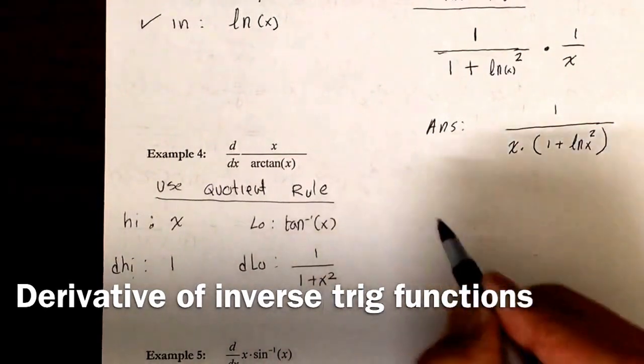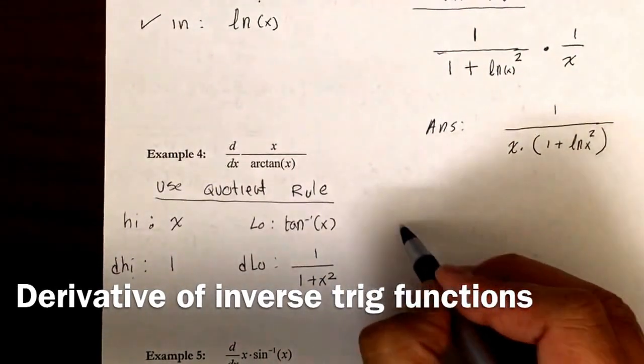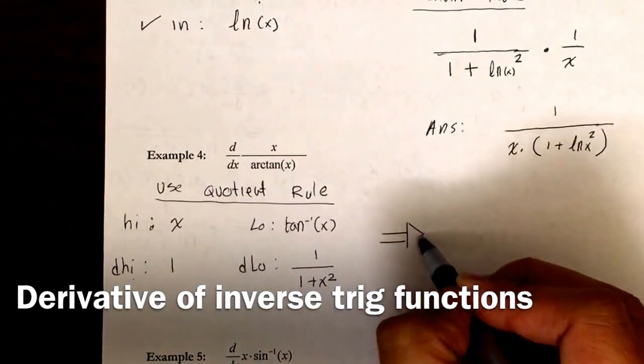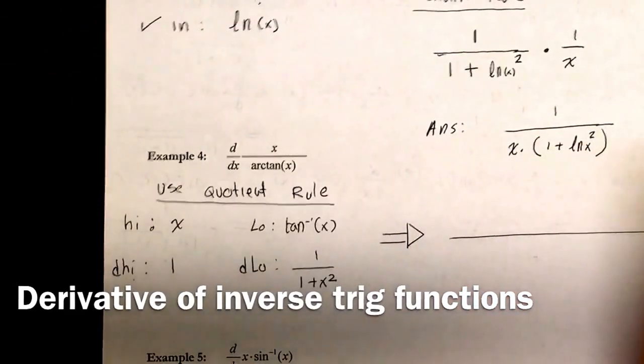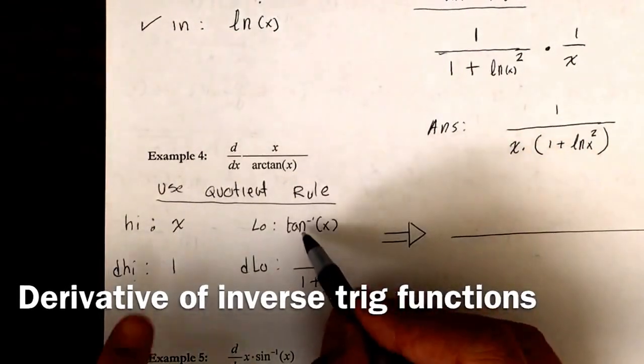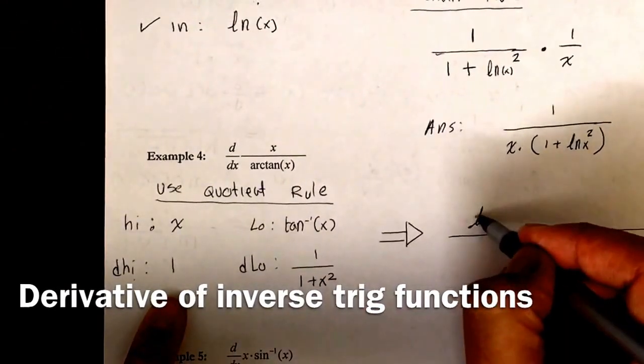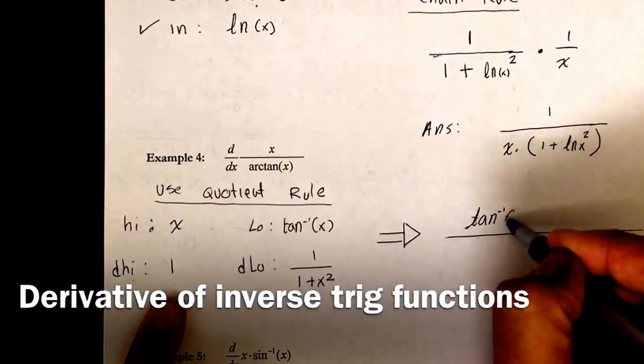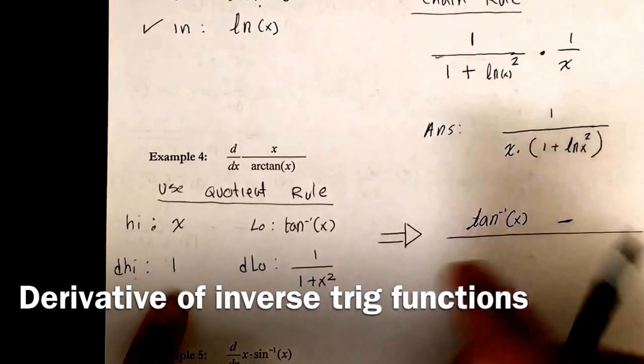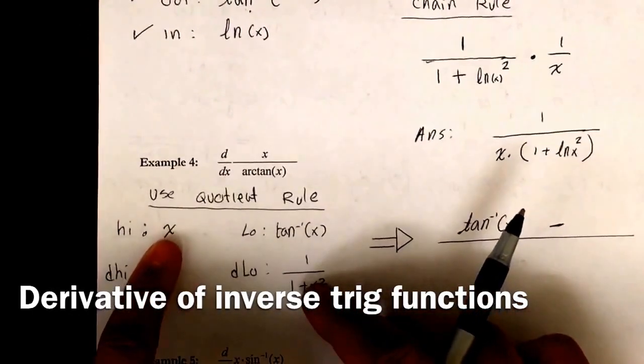squared. All right, and then remember what the quotient rule tells us. It tells us that we go low d high, all right? So low times d high minus high times d low.